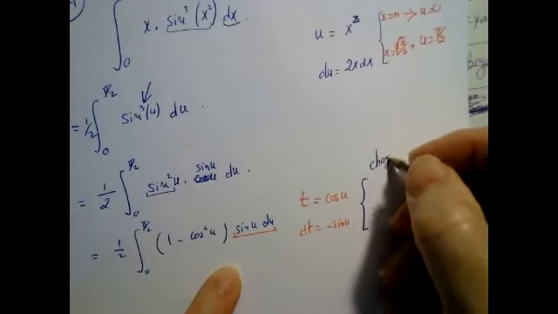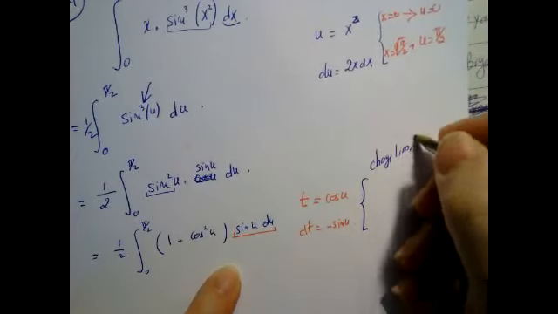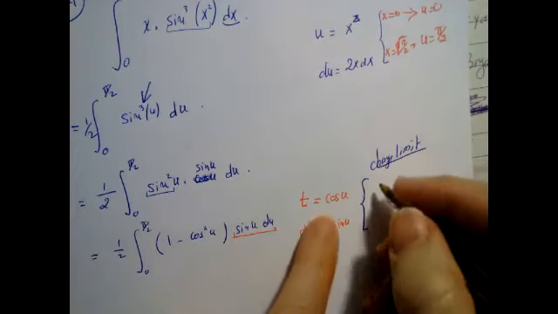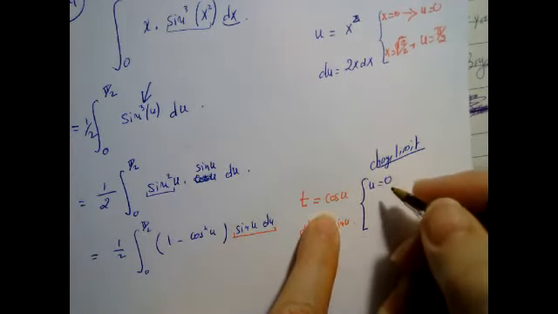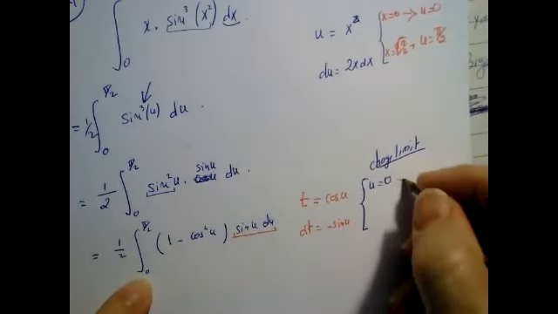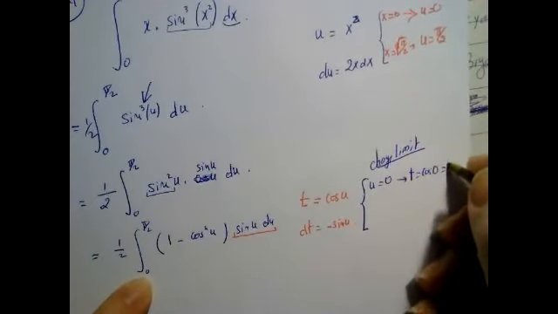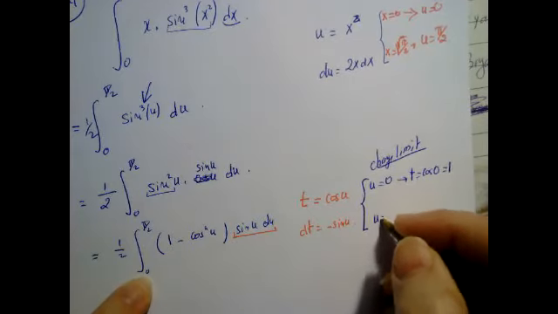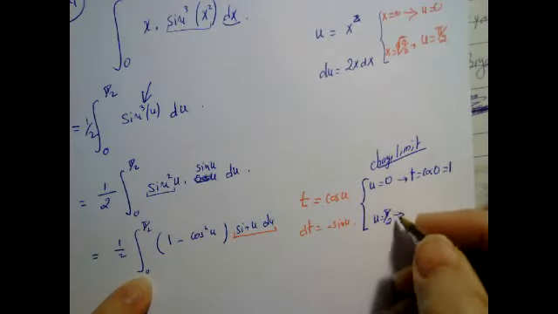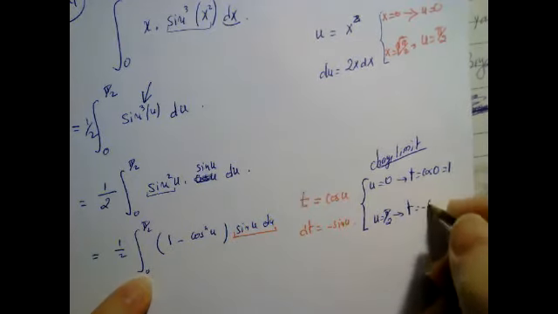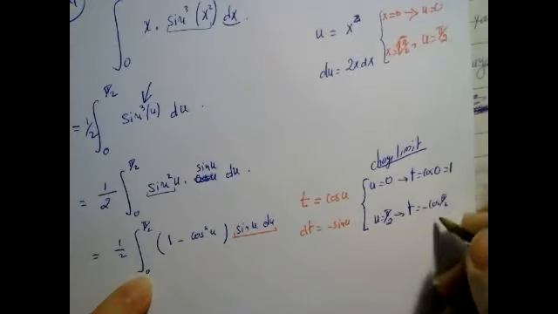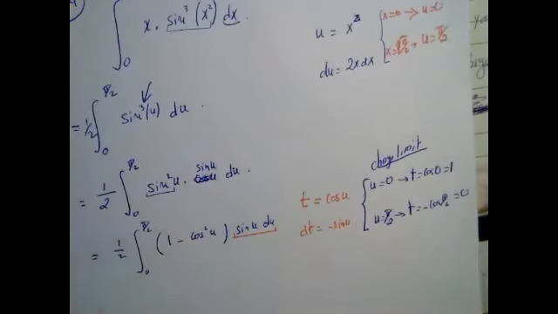Now we change limits. Remember, if we change limits, I don't go back to my original. If u is 0, then t is the cosine of 0, which is 1. If u is pi over 2, then t is the cosine of pi over 2, which is 0.